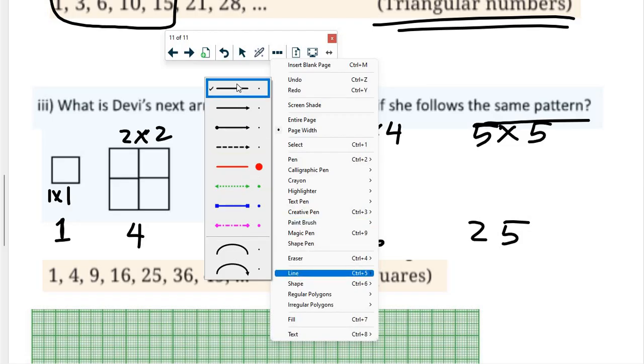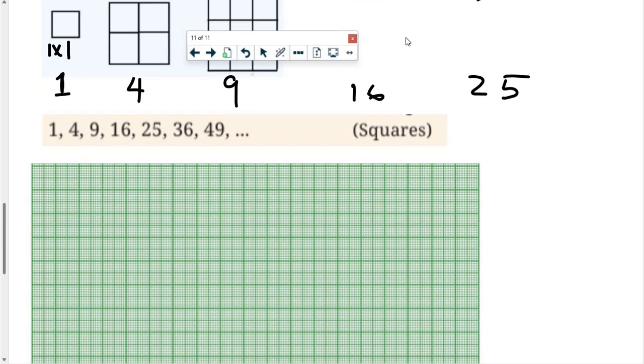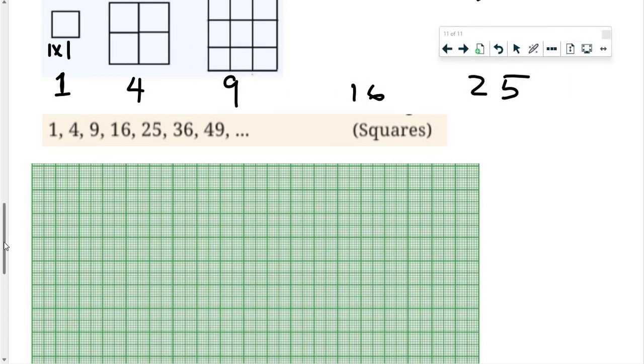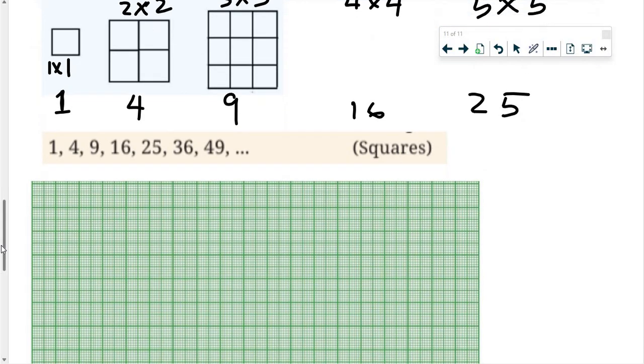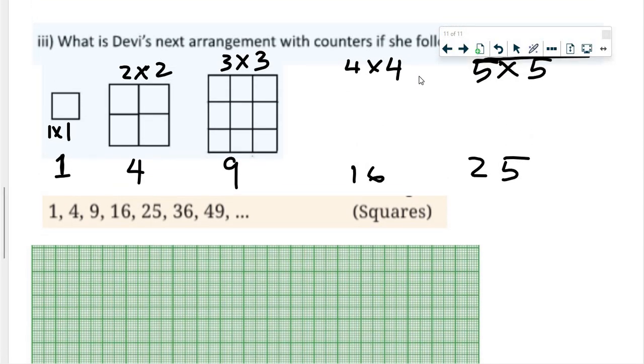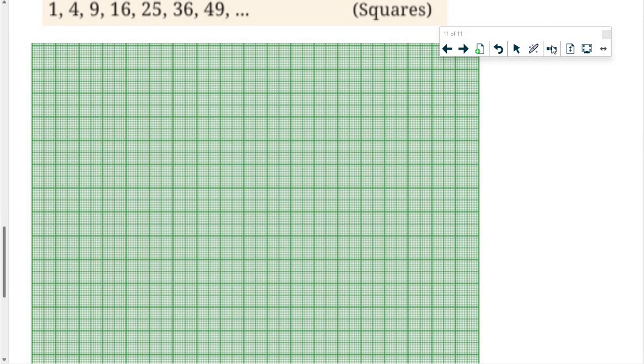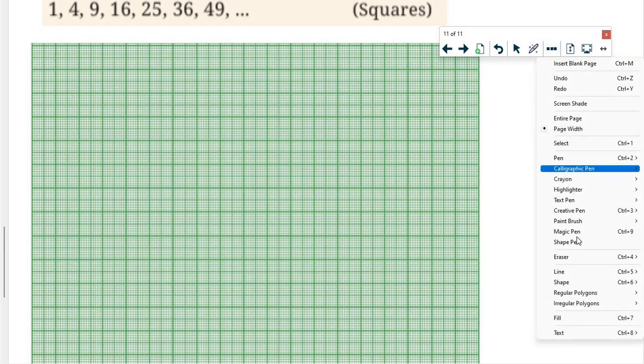How do we draw these square numbers in a pictorial representation? It's simple. To draw square numbers clearly and neatly, we use a graph paper. So I'm going to do 4 into 4 equal to 16 on a graph paper. So this is a graph paper.